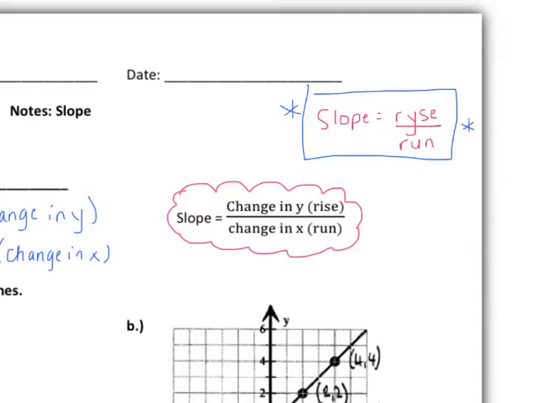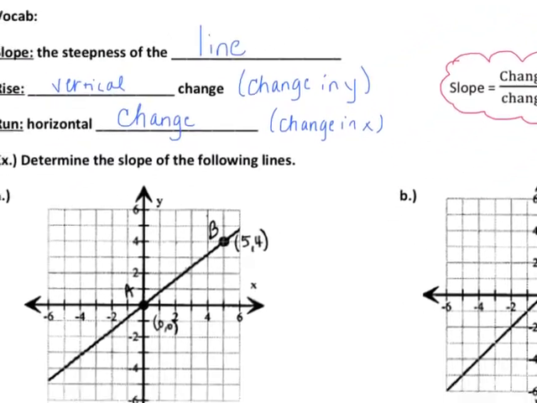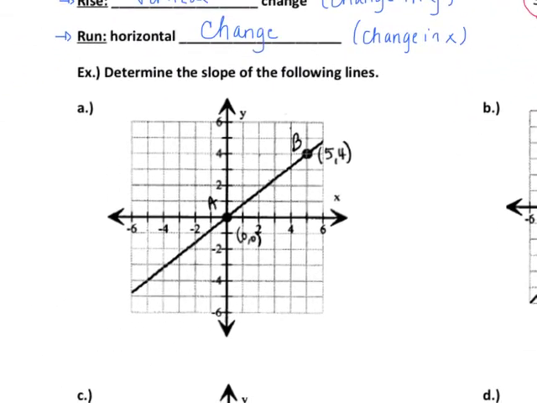So let's look at a couple examples. The first example is letter A, and we're going to determine the slope of the line. In order to determine the slope of a line, we need to figure out at least 2 points on the line. The easiest way to determine 2 points on a line is to look for a perfect intersection.